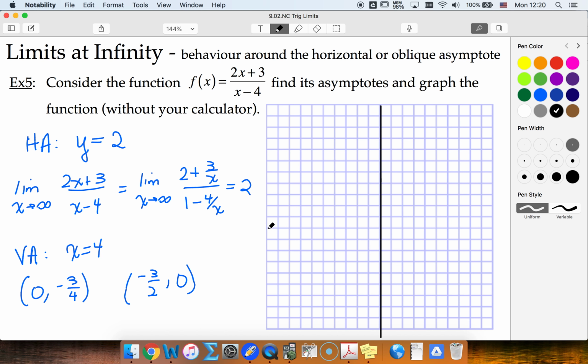So I'll put in some axes, and let's count with ones. So then negative 3/2 as an x-intercept here, negative 3/4, that's 1, so we'll have a y-intercept there, x equals 4.